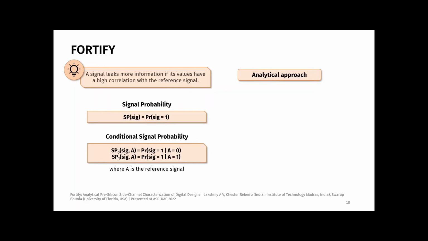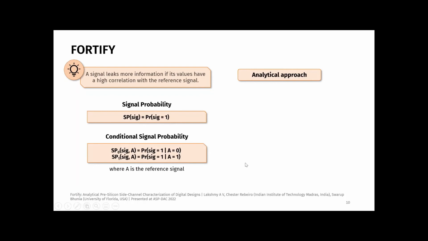The signal probability is the probability that a signal takes the value of 1 in a design. And the conditional signal probability captures the signal probability conditioned on the reference signal or oracle signal taking a certain value, either 0 or 1.